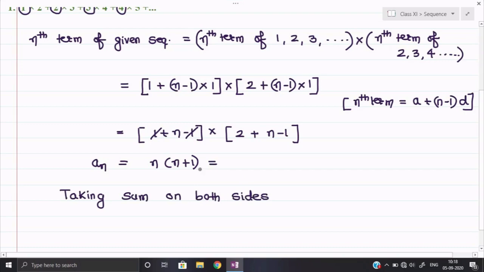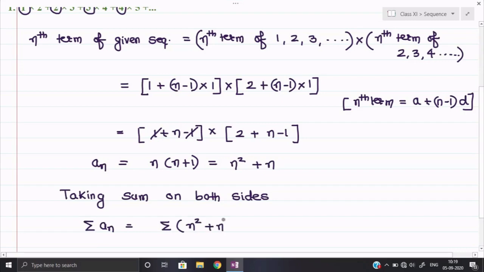Here n into (n plus 1) is given, so I will multiply n inside. It will become n square plus n. Now if I am taking the sum on both sides, then the symbol of summation will come. Normally we say that symbol is sigma, a Greek letter. Here also the symbol of sigma will come, n square plus n.